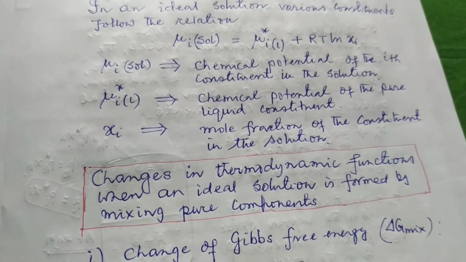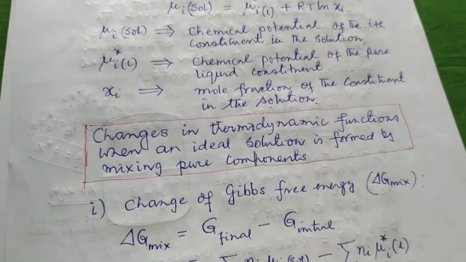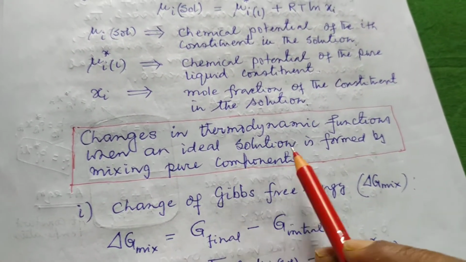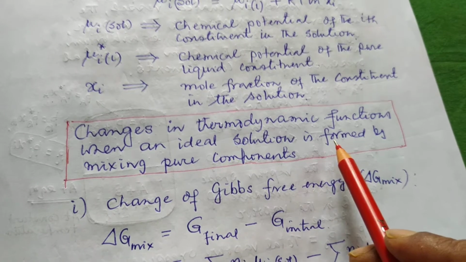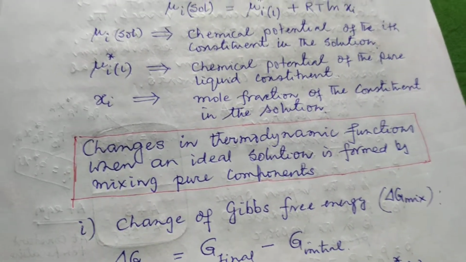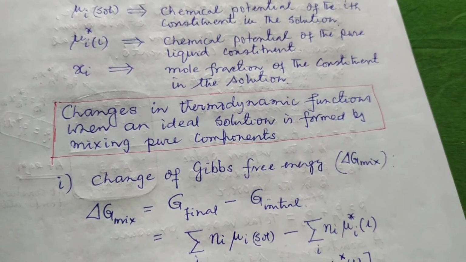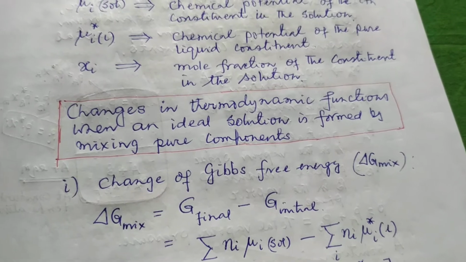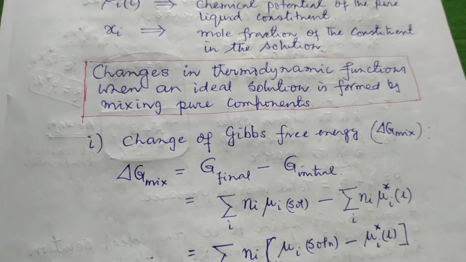Now, what will be the changes in thermodynamic functions when an ideal solution is formed by mixing pure components? So, we will find out the changes in thermodynamic functions when an ideal solution is formed by mixing pure components.